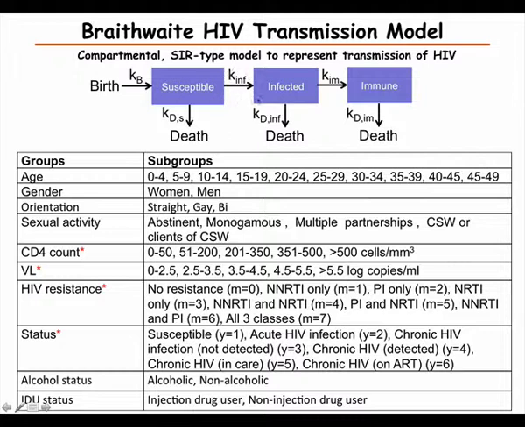Then there are these rate constants to move between categories, but there are not only 3 different categories. There are different boxes for different ages, gender, sexual orientation, sexual activity, CD4 count. So it's an enormous amount of different boxes that people can be in, and then you calculate the flow between these.